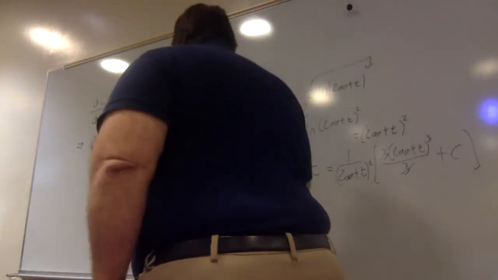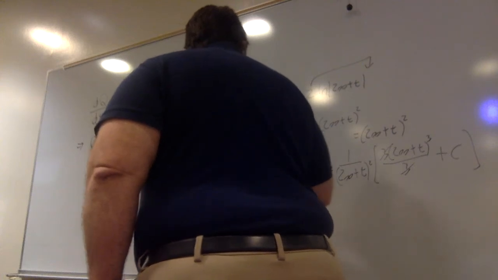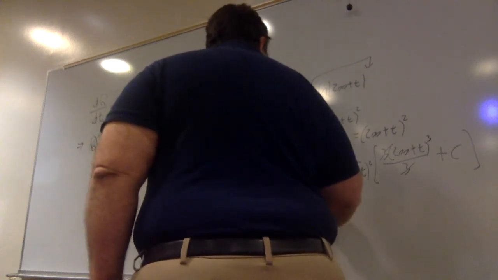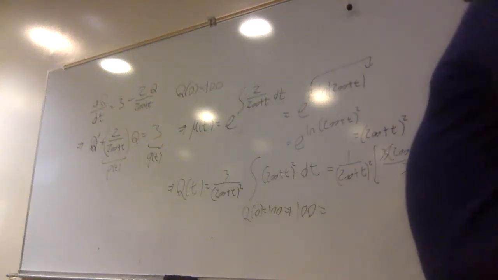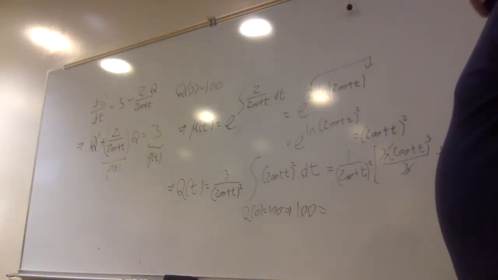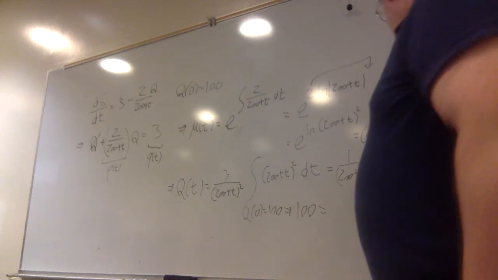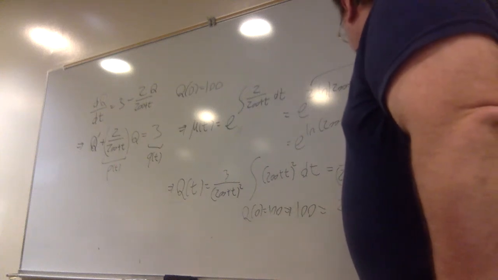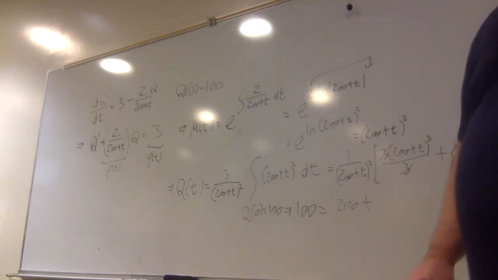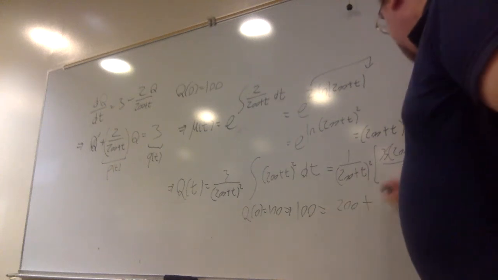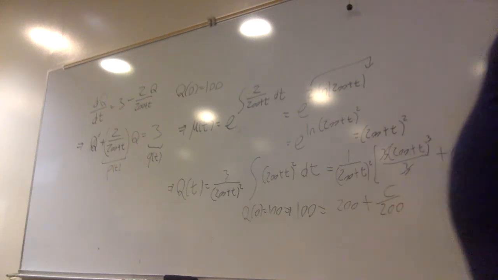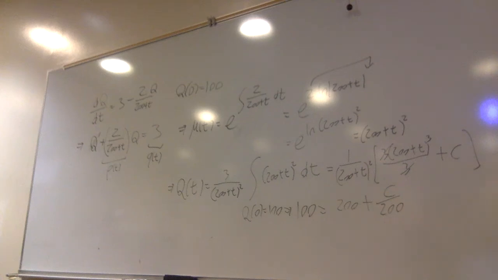So from q of 0 equaling 100, what you get is 100 is equal to this with t equal to 0. So then it simplifies to 200 plus c over 200 squared.